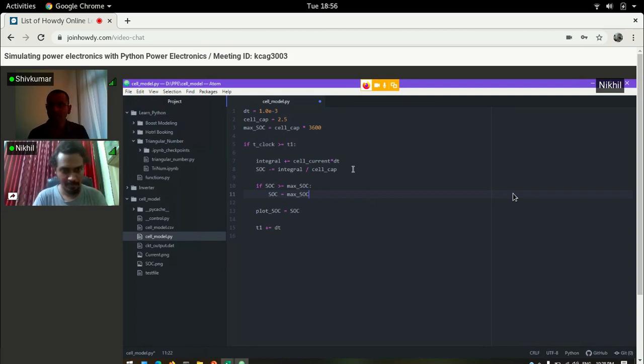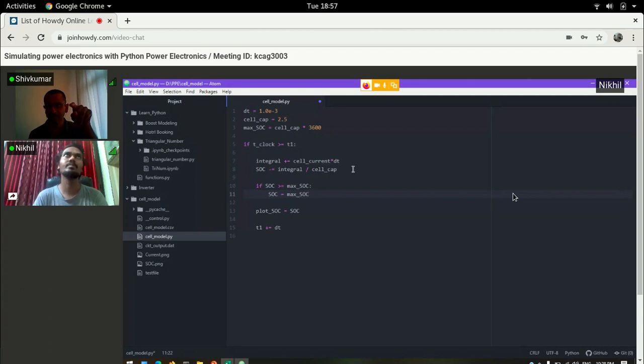Now, once you know your state of charge, you must calibrate it so that this is your 100%. Once you have calibrated it, you can define your per unit SOC. Once you have per unit SOC, you can compare it with your Excel sheet, know where you are, calculate the voltage, and set that voltage as the output of this control file.